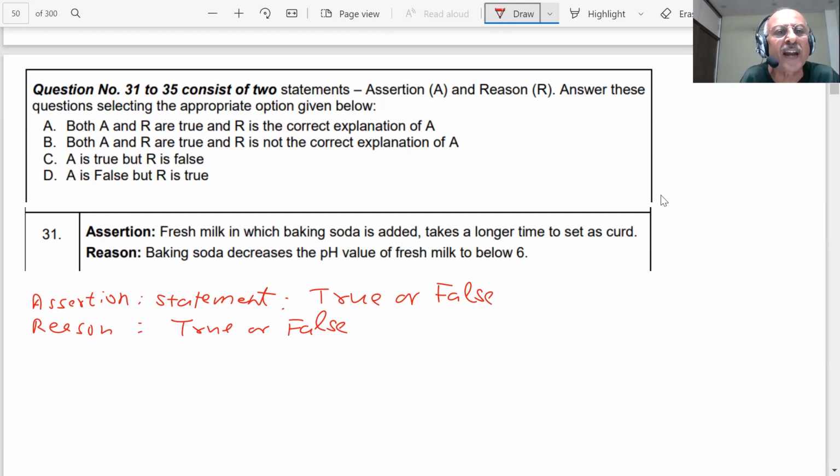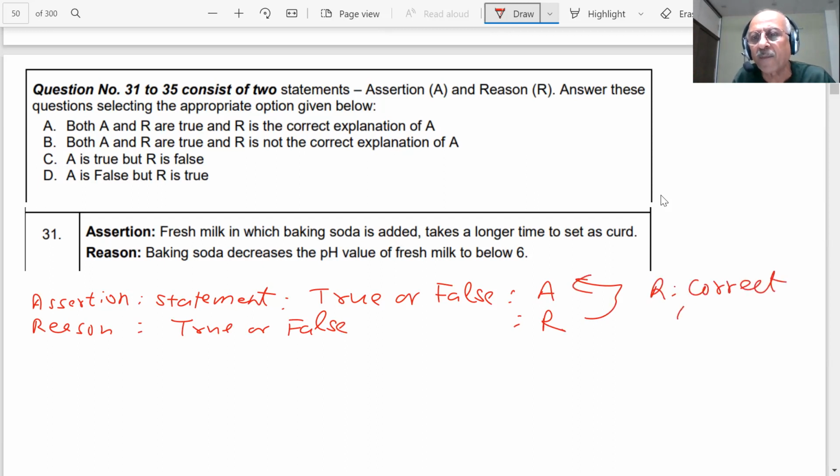Answer A says both A and R are true, and R is the correct explanation of A. If assertion is correct, reason is correct, and the reason is the correct explanation of assertion, then our answer is A.